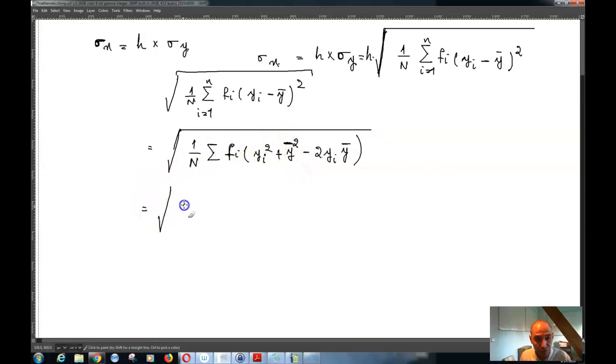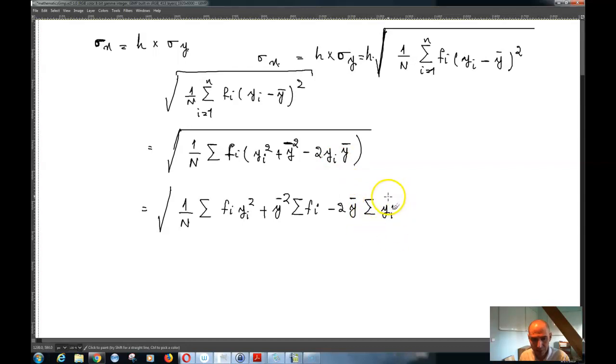Now I can write this as the square root of 1 over n times the sigma of f of i y of i squared plus sigma of f of i times y bar squared minus 2 y bar times sigma of y of i. The y bar squared I can take out, so I can write y bar squared times sigma of f of i, and negative 2 y bar times sigma of y of i.